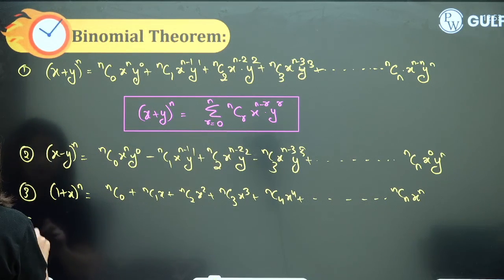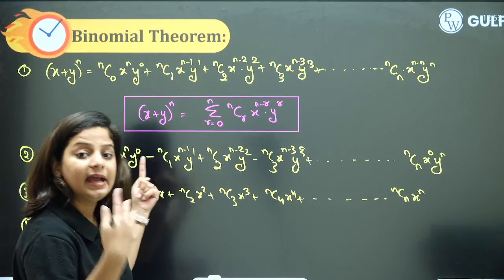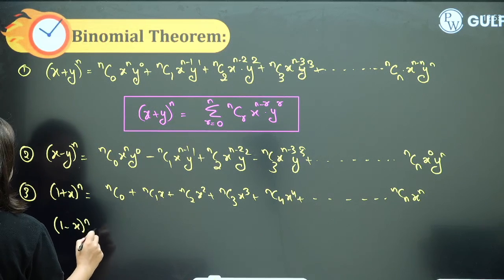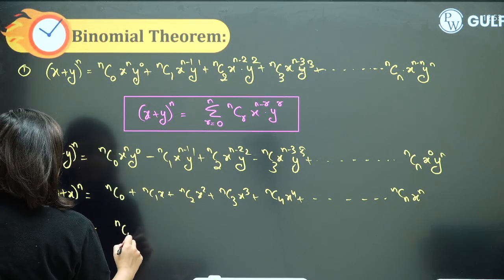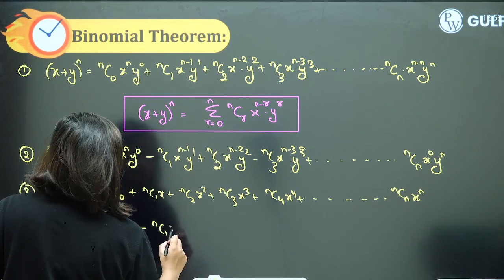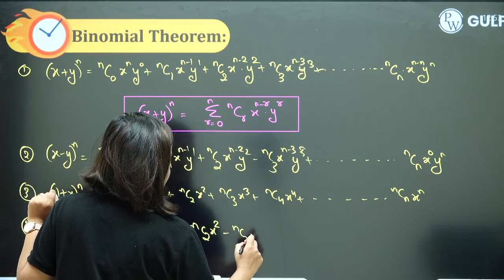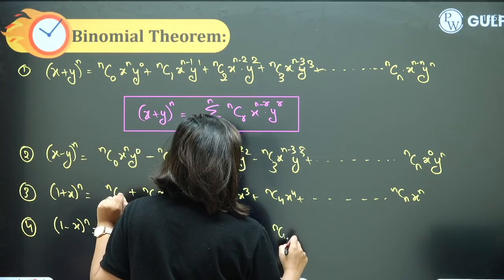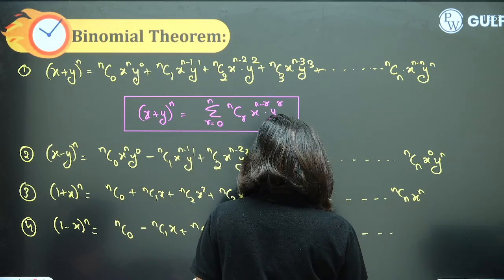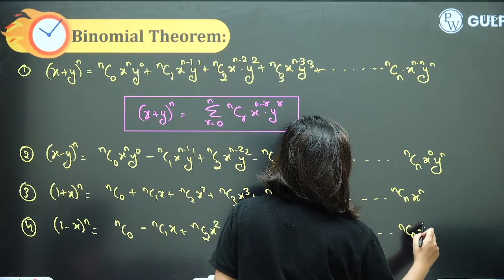And the fourth variation is when in the second formula you take x as 1 and y as x. If you take x as 1 and y as x, check: nC0 minus nC1 x plus nC2 x square minus nC3 x cube plus nC4 x raised to 4 and so on till nCn x raised to n.